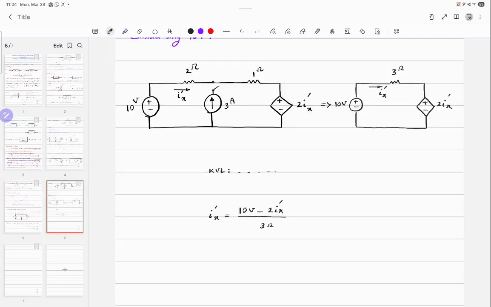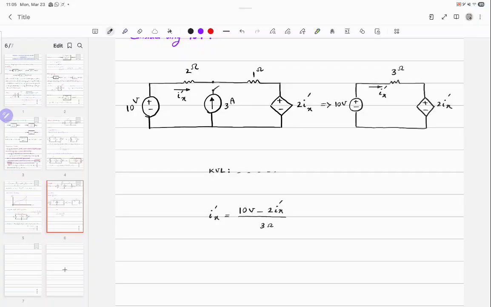Ohm's law, right? Look at the resistor in between. I consider I prime x entering from the left as the positive terminal. So the positive terminal is 10 volt, the negative terminal is 2I prime x. I'm using that red box again. So whatever you're more comfortable with using, it's the same.